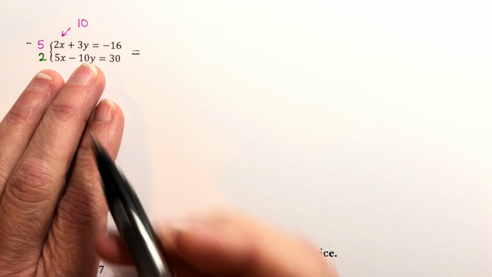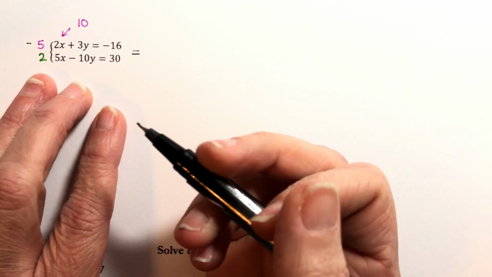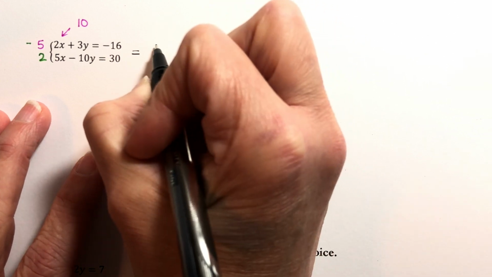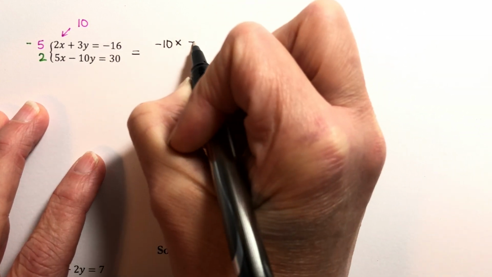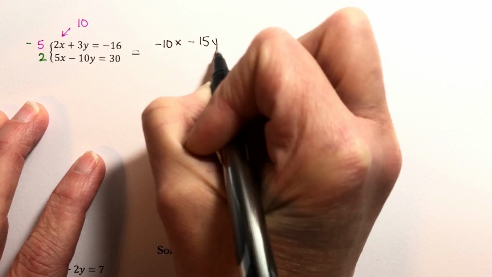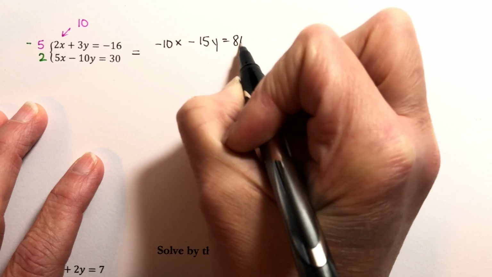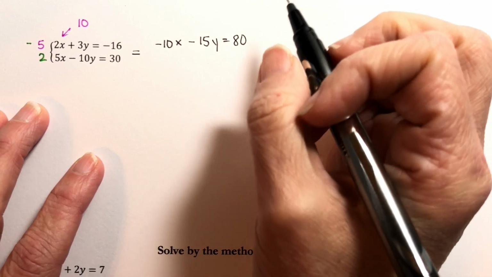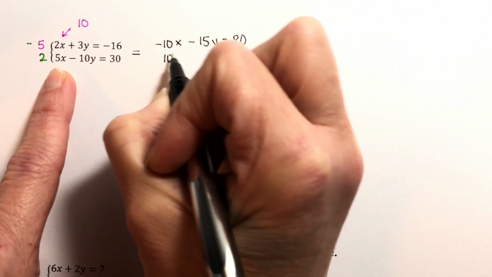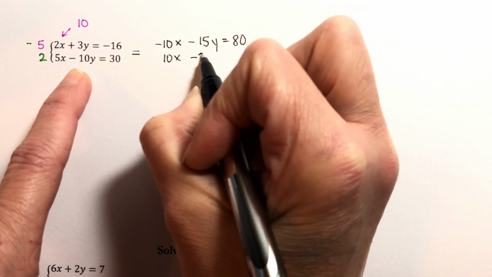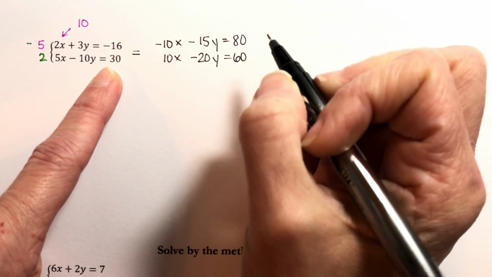So I am going to multiply this entire first equation by a negative 5. That will give me negative 10x minus 15y is equal to positive 80. Now let's distribute the 2 through here. That's going to be 10x minus 20y is equal to 60.